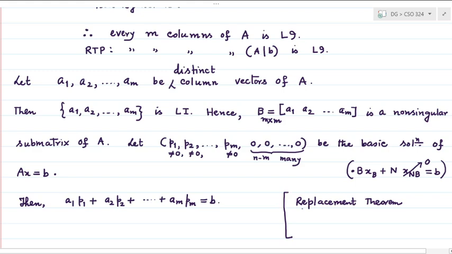In the lectures of mathematics 2, when you construct a basis of the n-dimensional Euclidean space, you have gone through the following result.